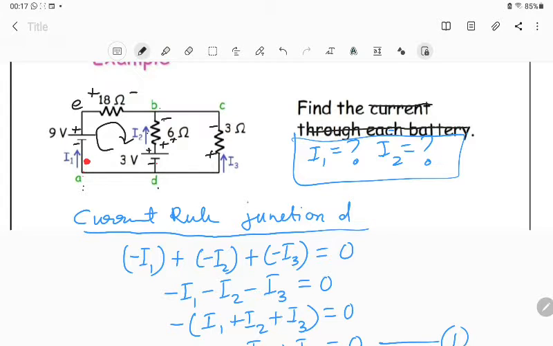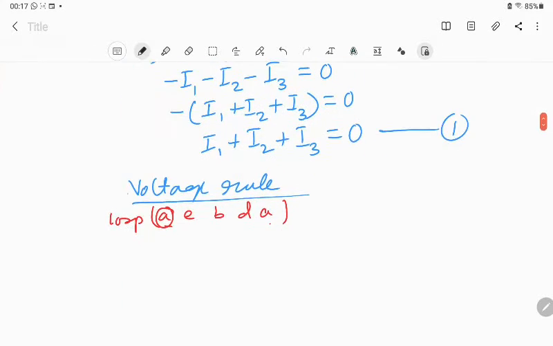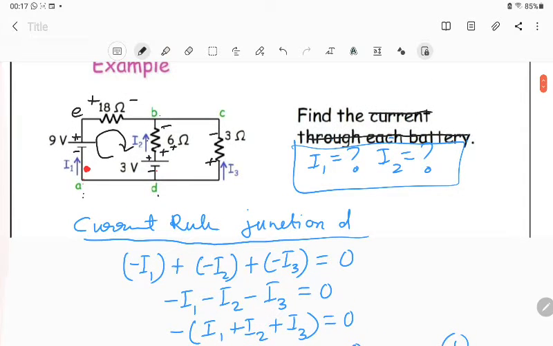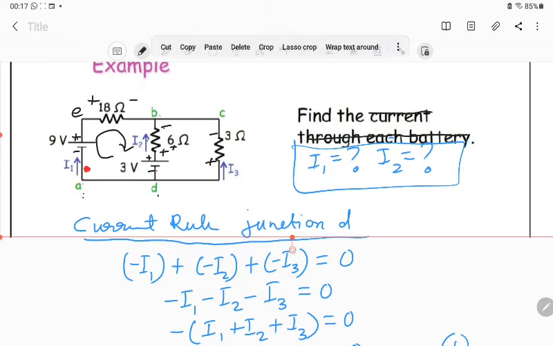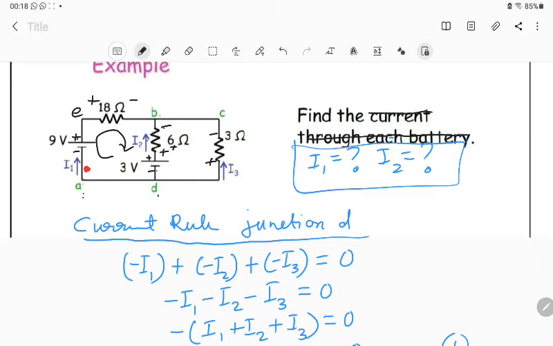So we will write plus 9 volt. Now I reach E, and now I'm crossing the resistor. From plus to minus, the ending is minus, so I will write minus.